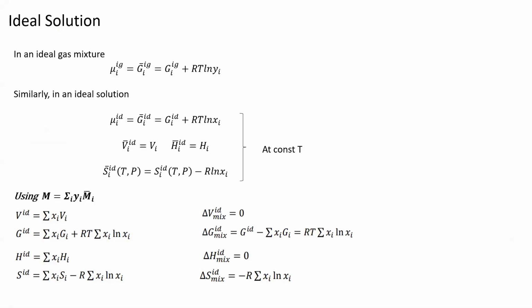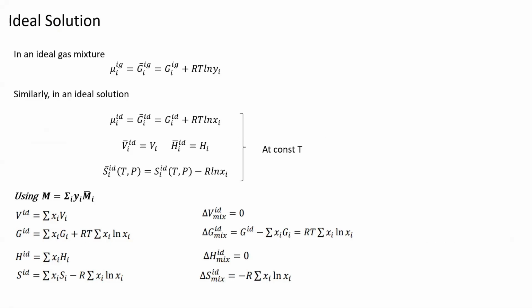So, in the last week, what we have understood is what fugacity is and what the fugacity coefficient is. This is all defined for a gas which is not ideal and follows some other equation of state.